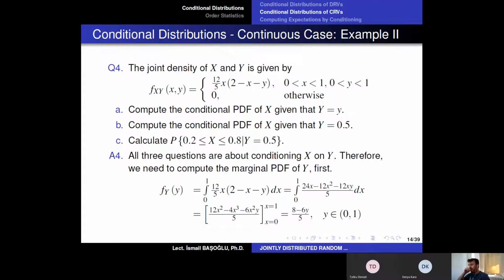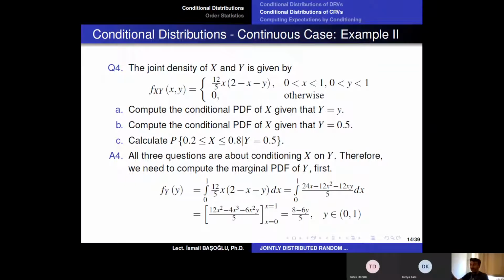Now, in part A, it asks what the conditional probability density function of x is, given that y is observed to be equal to y, an arbitrary variable.